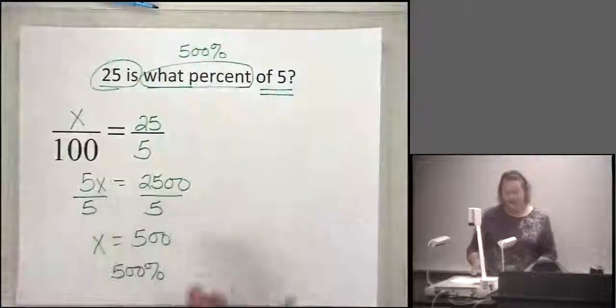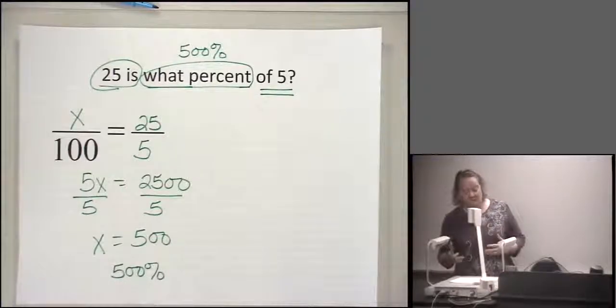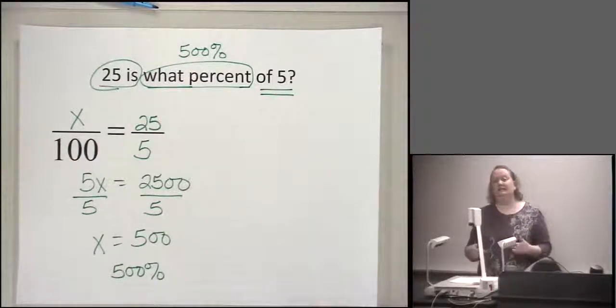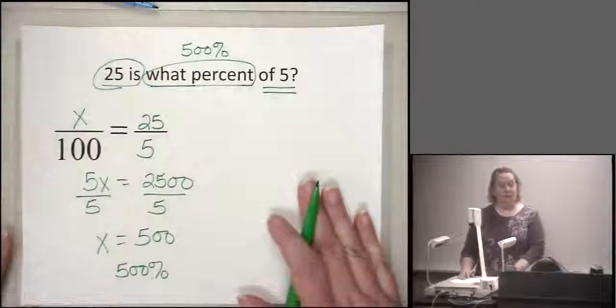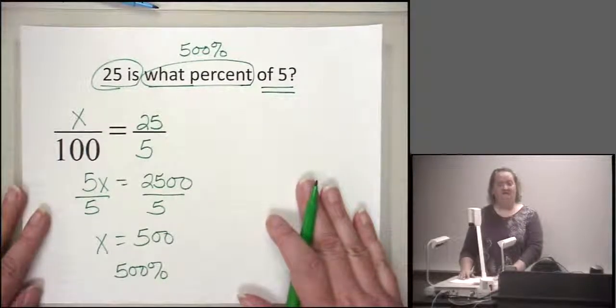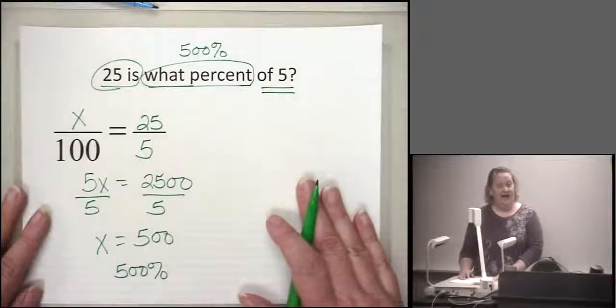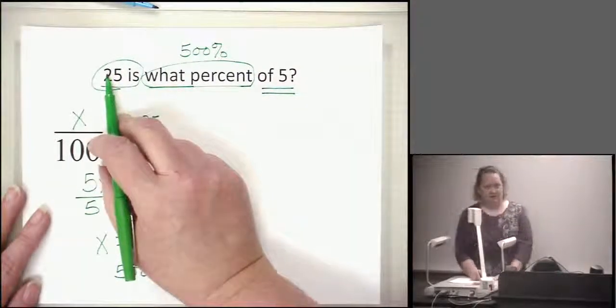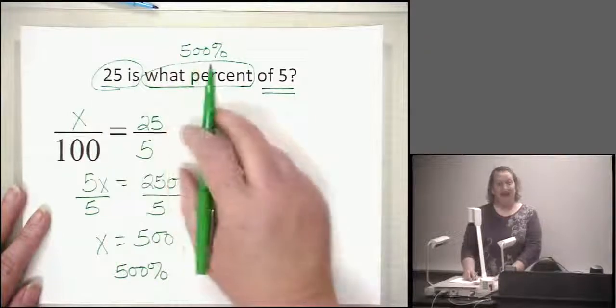Well, I'm saying 25 is 500% of 5. Well, if I have 500% of 5, that's 5 times 5. Well, what is 5 times 5? 25. So yes, it makes sense that it's more than 100% of 5. 100% of 5 would be 5. 25 has to be more than 100% of 5. Actually, it's 5 times that.